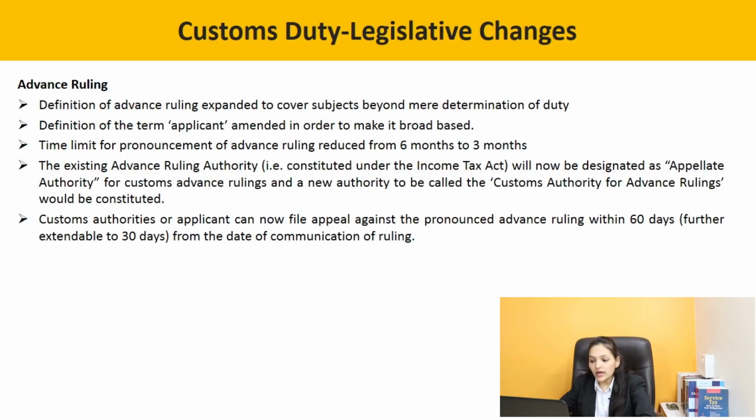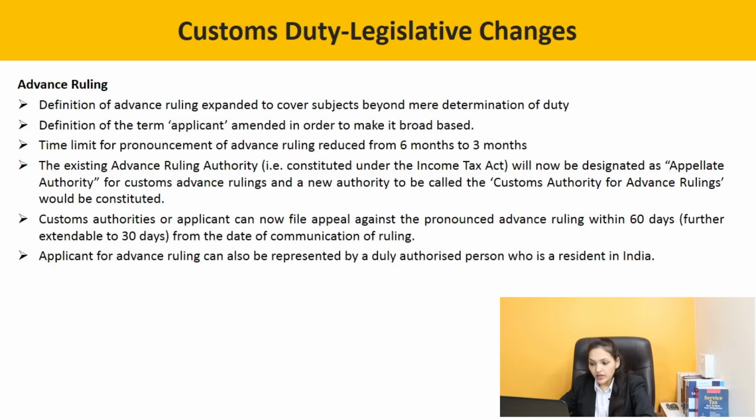Customs Authority or applicant can now file an appeal against the pronounced advance ruling within 60 days, which is further extendable to another 30 days from the date of communication of ruling. The applicant for advance ruling can also be represented by a duly authorized person who is a resident in India.